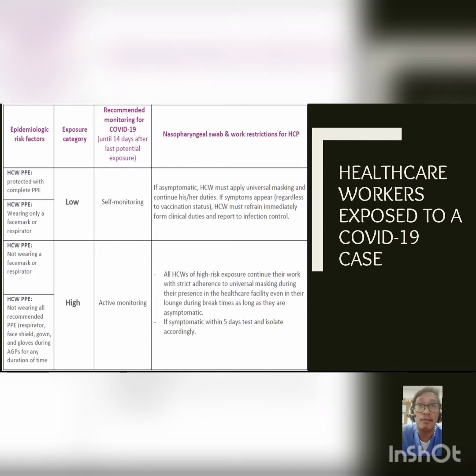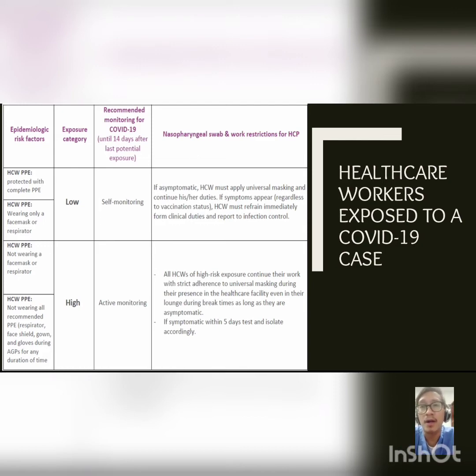And if asymptomatic, a healthcare worker must apply universal masking and continue his or her duties. If symptoms appear regardless of vaccination status, healthcare worker must refrain immediately from clinical duties and report to infection control.